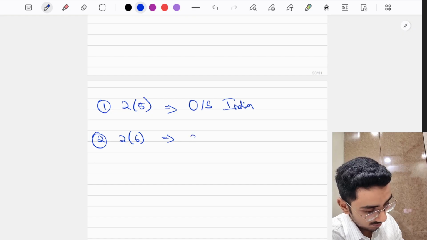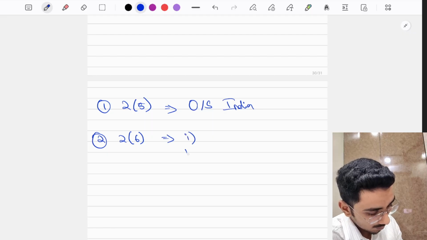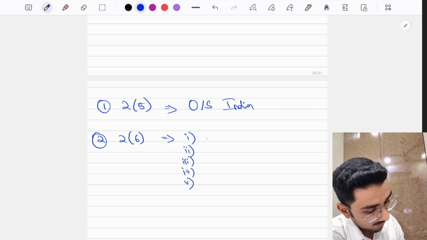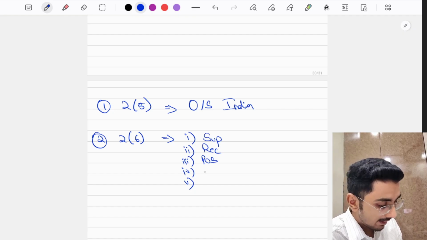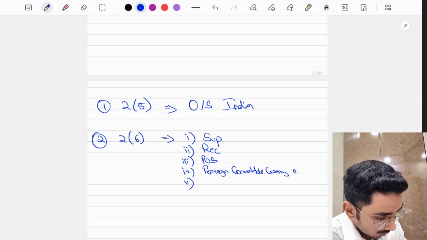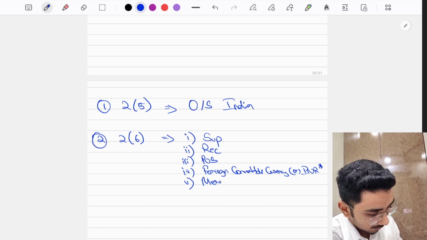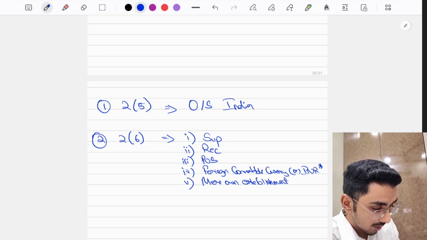There are a total of 5 conditions: A, B, C, D and E. First is location of supplier, location of recipient, place of supply, and foreign convertible currency or INR subject to certain conditions, and the mere own establishment.